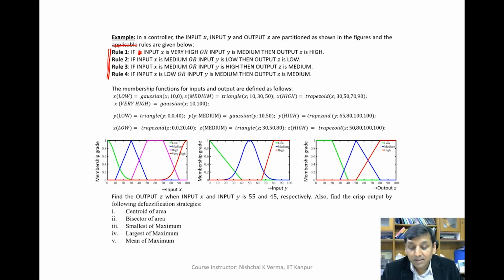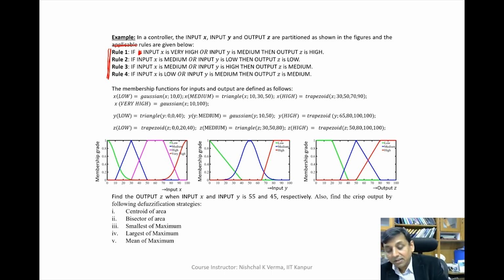Similarly, rule 3 says if input X is medium or input Y is high, then output is medium. Rule 4 says if input X is low or input Y is medium, then output is medium.